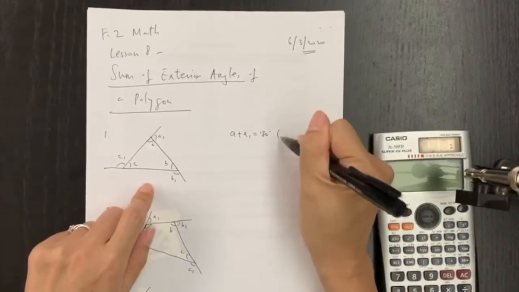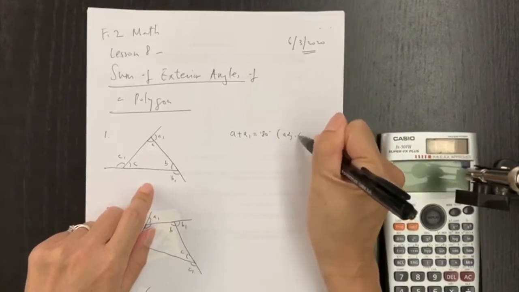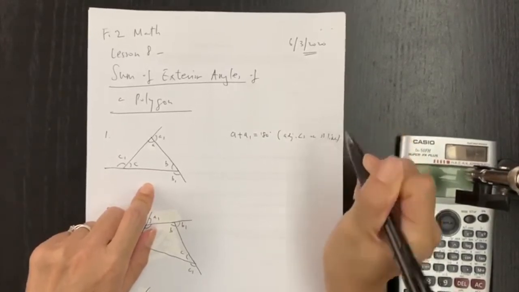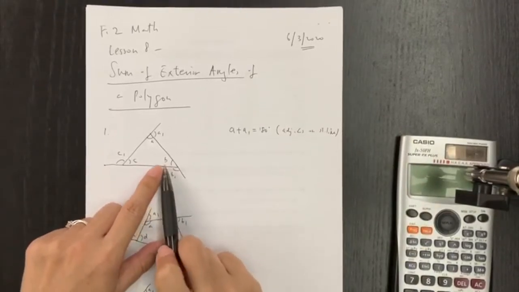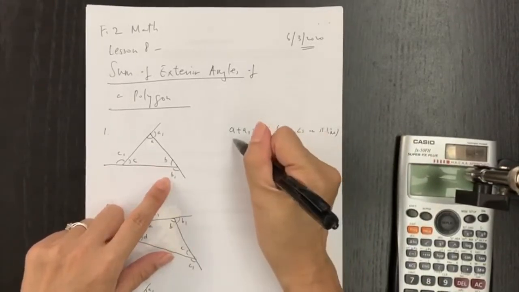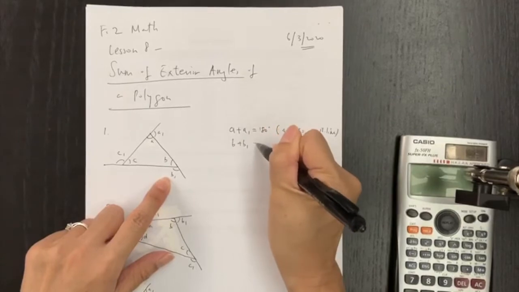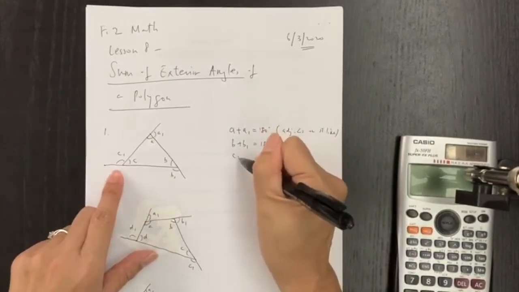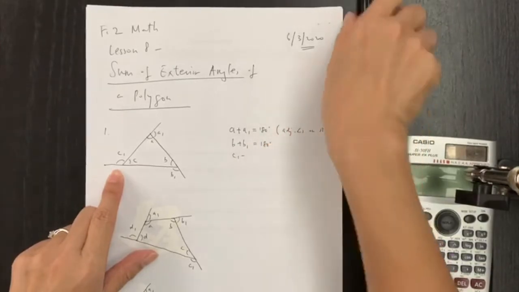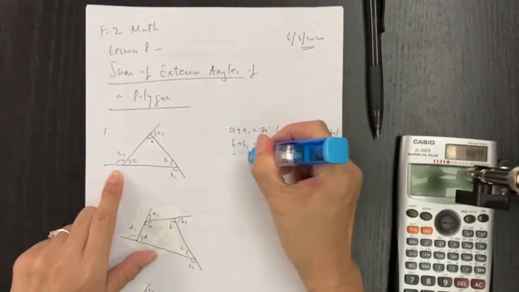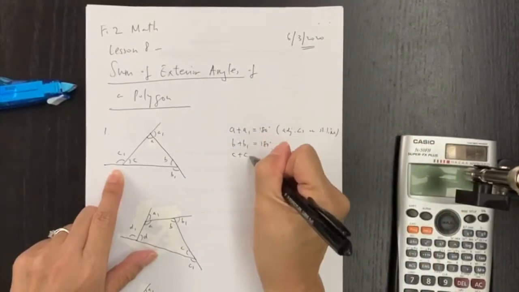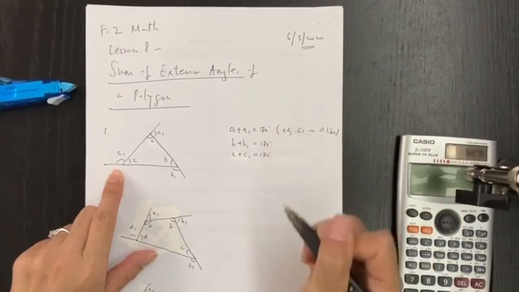And the reference is adjacent angles on a straight line. And what about B and B1? Same. B plus B1 is also 180, and C plus C1 is also 180 by the same reference.